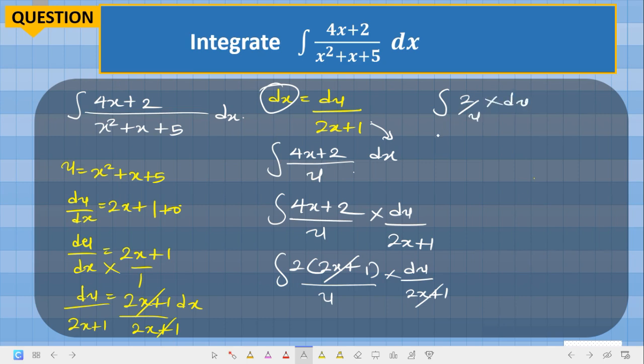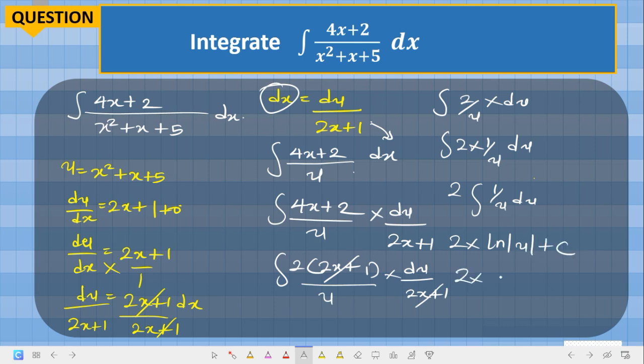Now 2 over u can also be written as 2 times 1 over u du. Now 2 comes out because it's a constant, and you are left with 1 over u du. So this becomes 2 times the integral of 1 over u, which is ln, the natural logarithm of the absolute value of u. So this gives you 2 times the natural logarithm of u, which we said is s squared plus s plus 5, and then plus our constant c.